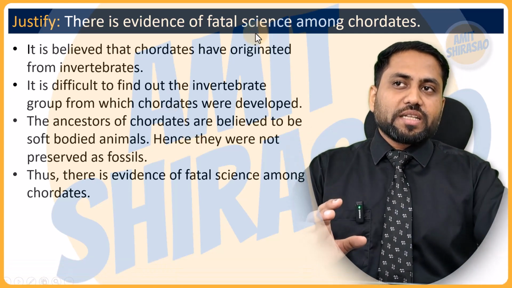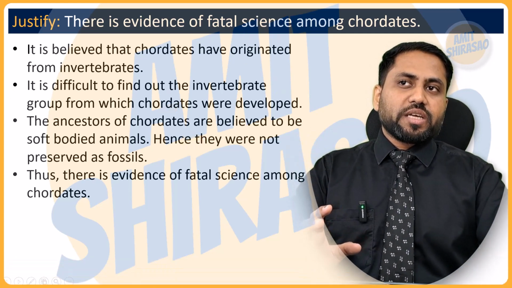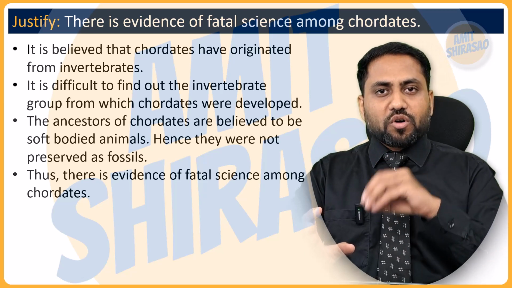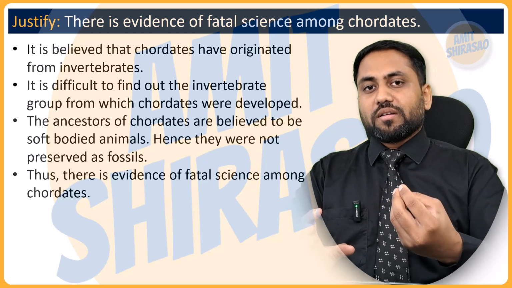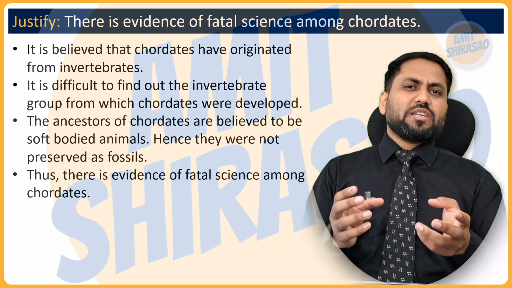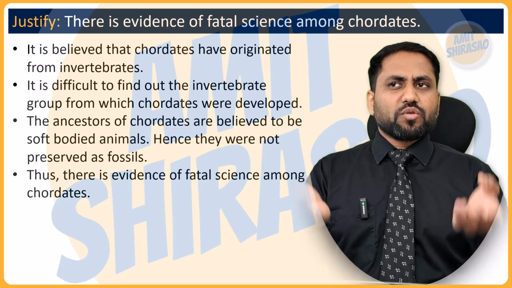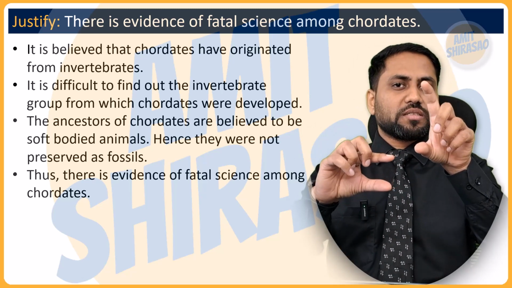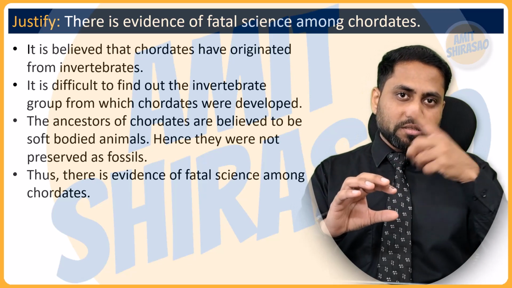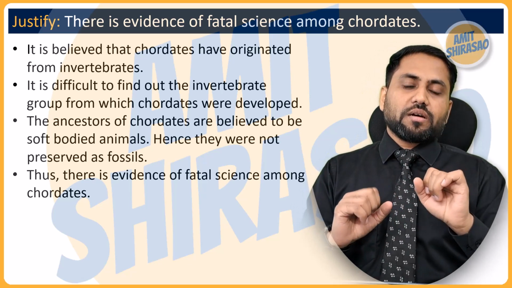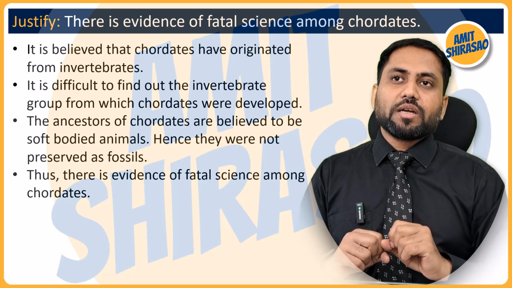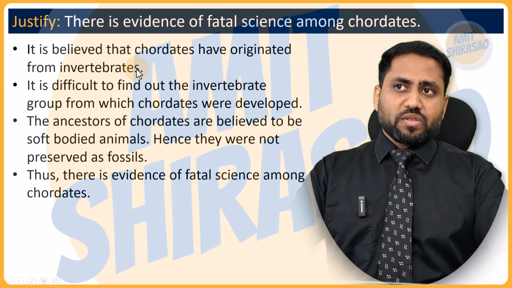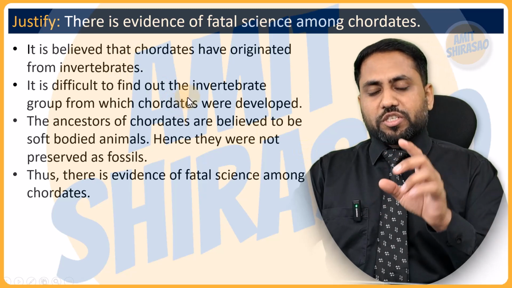Okay, so by fatal signs probably they meant that you cannot find the ancestors of chordates, and fatal signs probably means the study of fossils, something like that. You found the fossils of chordates, you could not find the fossils of their ancestors. So that is fatal signs, the study of both these fossils. One was existent, another was not, and this proves that chordates originated from invertebrates.